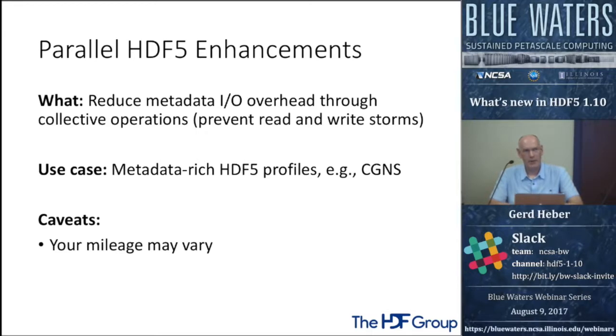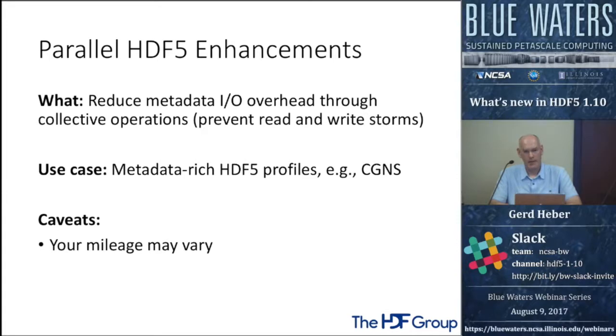Finally, we made some enhancements to parallel HDF5, and parallel HDF5 again is this scenario where we use under the covers MPI-IO to do collective but also non-collective I/O to a shared file, to a single file in a parallel file system.